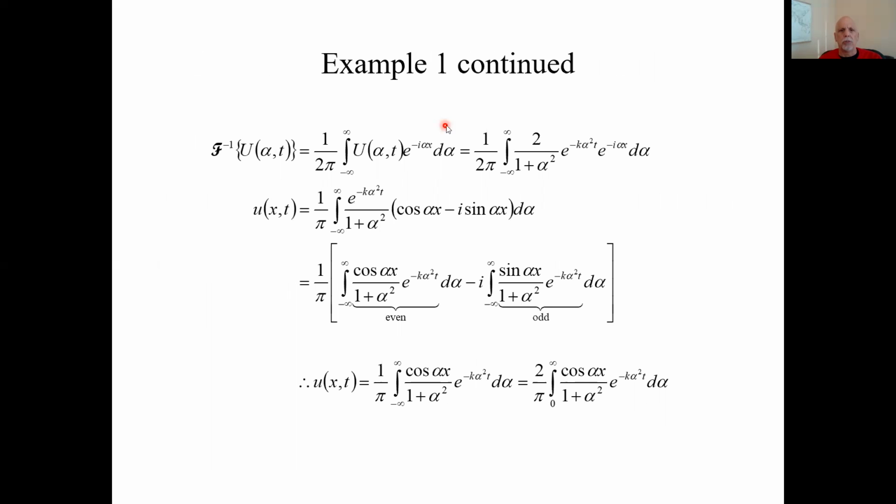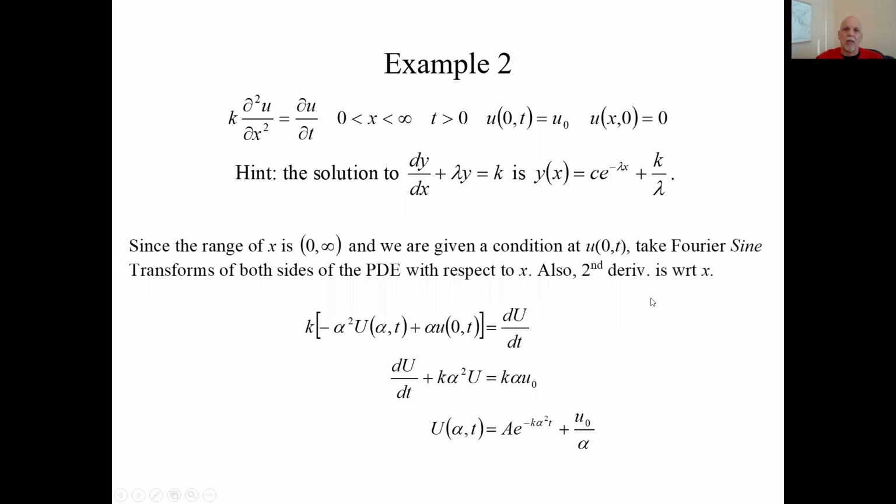And by the way, when you use the Fourier transform, you will usually end up with this little headache of making everything real. You have to deal with complex answers and get rid of the imaginary part correctly. Anyway, let's go to another example.